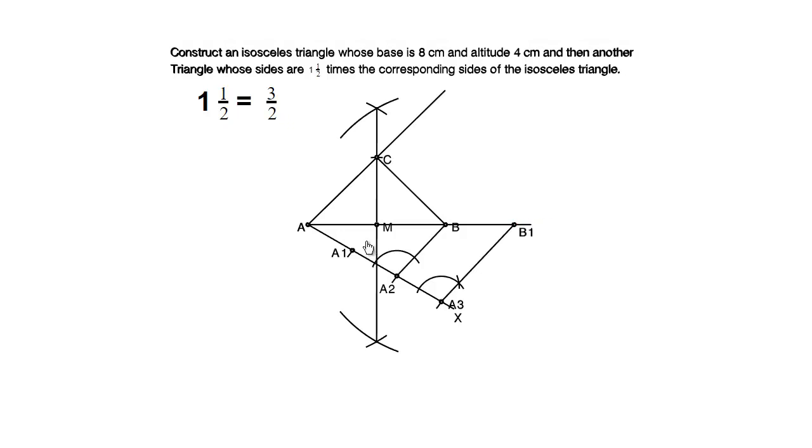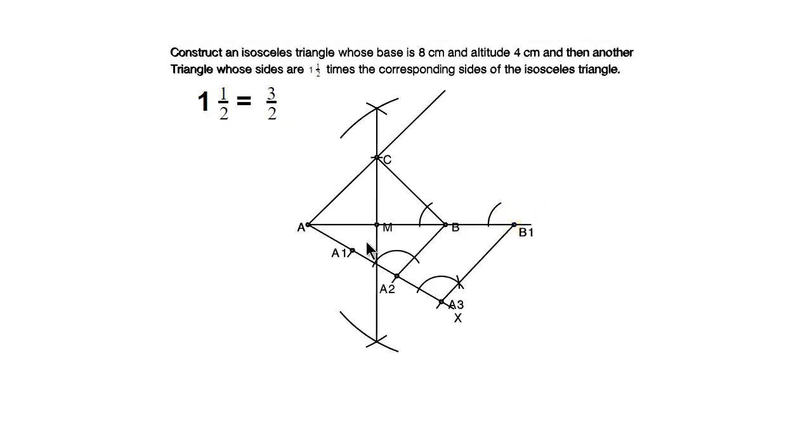Now we need to draw a line parallel to BC, passing through the point B1. Here we again take some distance in the compass, and keep the compass at point B and draw an arc here. Now without altering the measurement in the compass, keep your compass at point B1 and draw an arc of the same measurement.